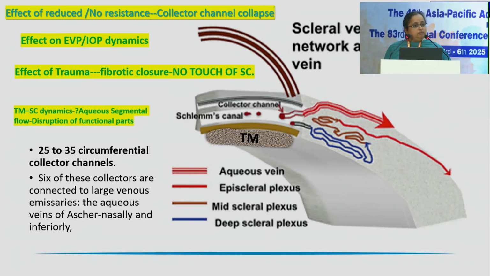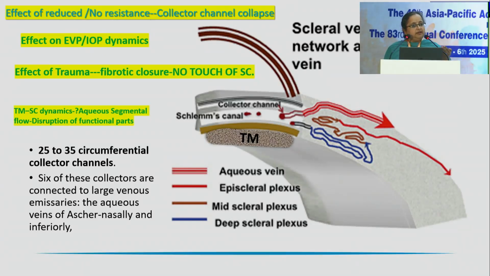But what is more important when we do an MIGS, be it incisional, excisional, or a stent, is that you are now overcoming the resistance that is offered by the trabecular meshwork to aqueous outflow, albeit over a specified quadrant or number of quadrants. But what happens to the collector channels distal to that, we don't know.